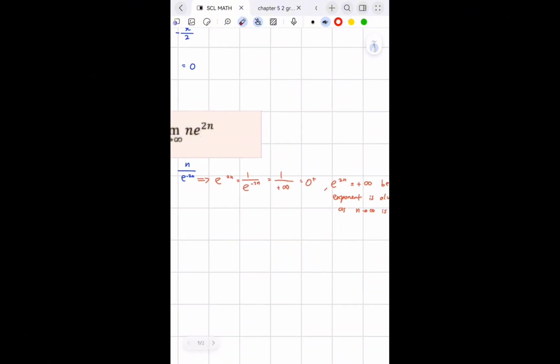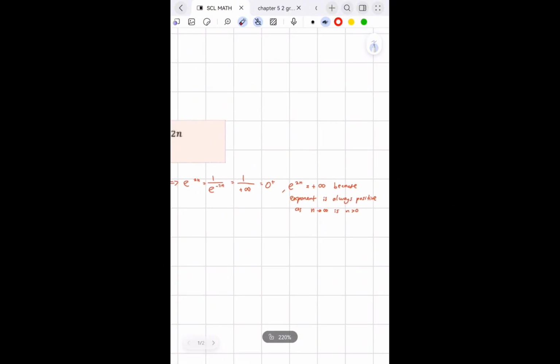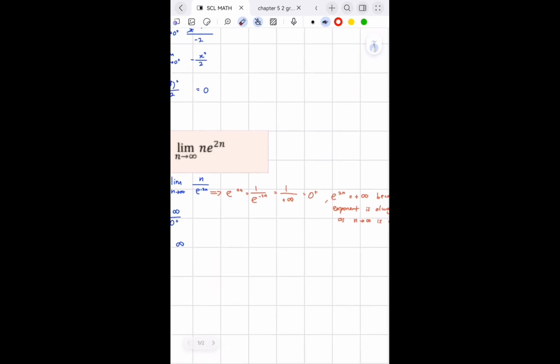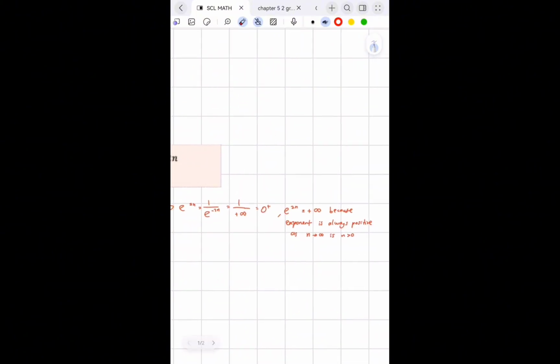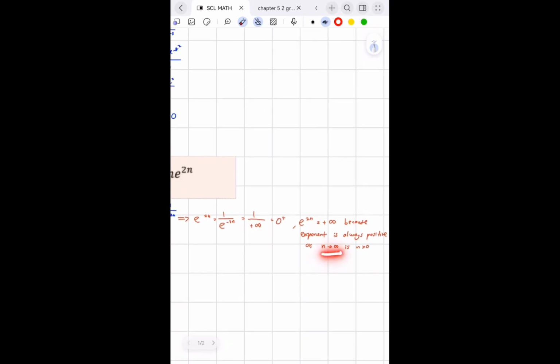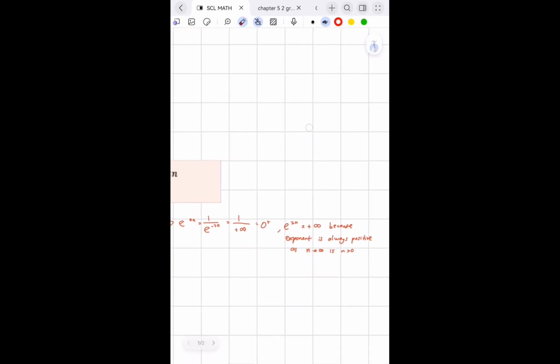And then e to the power of 2n is actually positive infinity, because the exponent is always positive as n approaching infinity is n more than 0. So that means e to the power of negative 2n equals positive infinity.